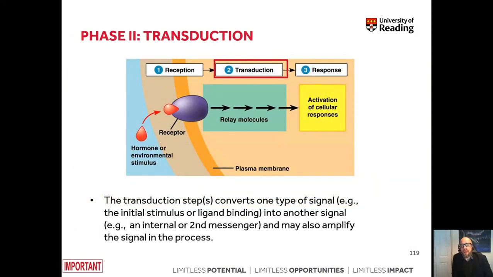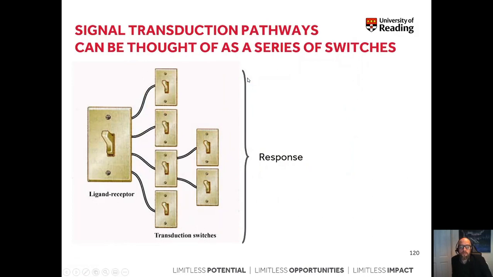So, what does transduction look like? Again, transduction is a conversion of one type of signal into another. The first signal or the first messenger is the ligand. The second messenger can be, for example, calcium. And this is usually happening during the process of transduction.